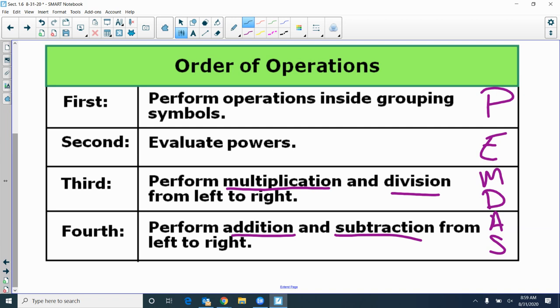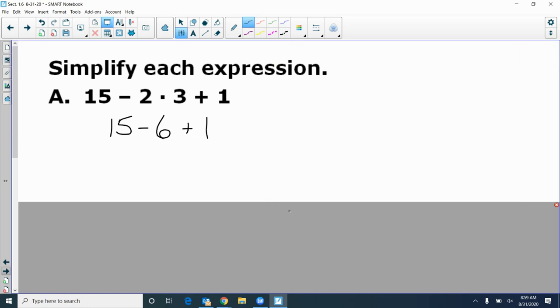There's nothing that supersedes addition and subtraction. There's no more operations here except for that fourth thing that we're looking for. So now I'm just going to go left to right. Zach, what is 15 minus 6? 15 minus 6 is 9. Okay, so now I'm going to show my 9 plus 1, and that is going to be an answer of 10. So tomorrow on the quiz, you're going to have to show these steps.